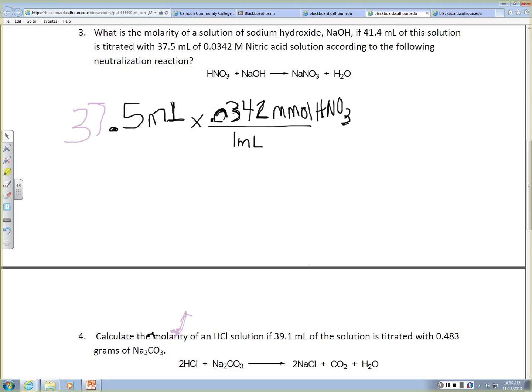We take volume times the molarity, then we have a 1-to-1 ratio again, 1 millimole.